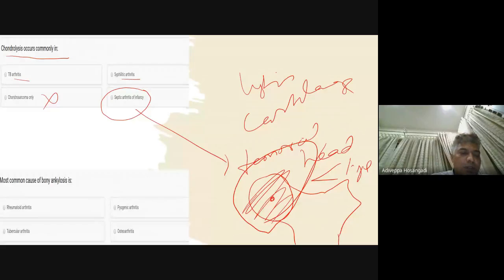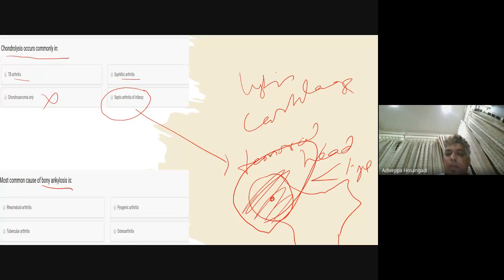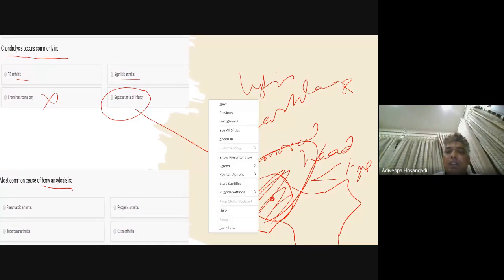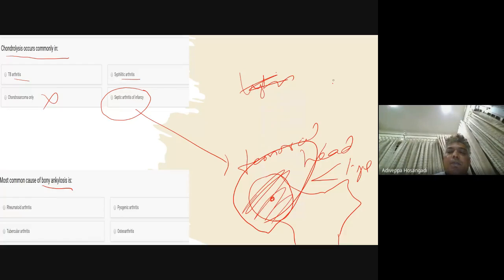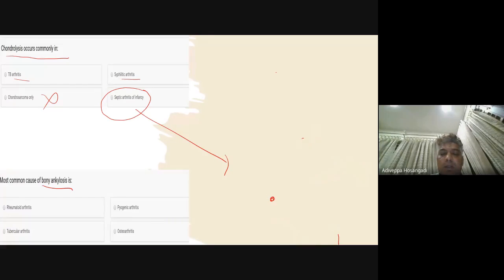Most common cause of bony ankylosis. So bony ankylosis, you know, any arthritis for that matter, if untreated or neglected, can end up with bony fusion. Okay.